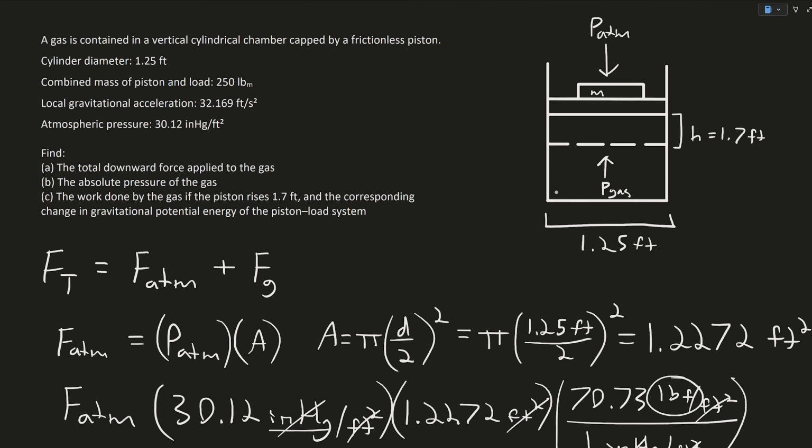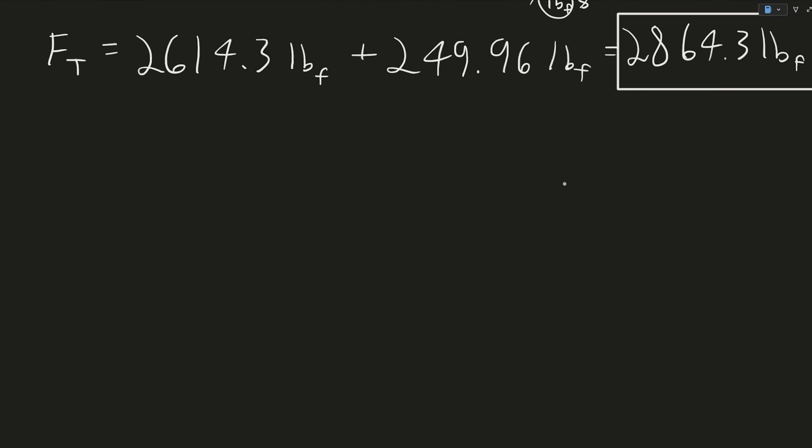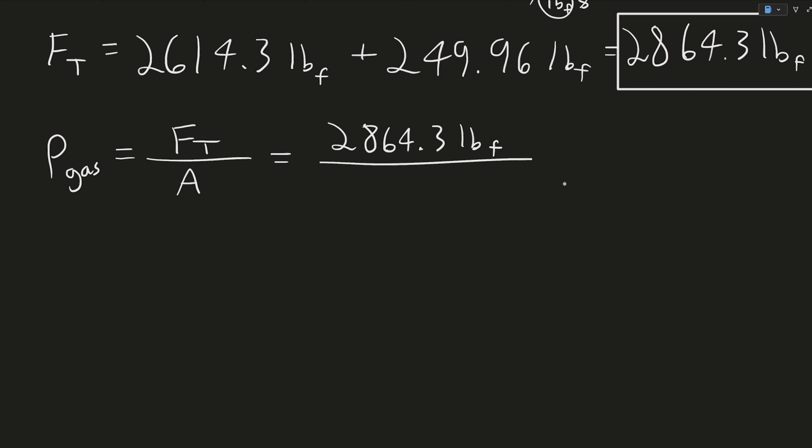Now for part B, we are to find the absolute pressure of the gas. The pressure of the gas is equal to the total force pushing on it divided by the cross-sectional area. We've already found both of these numbers, so plugging in, we get 2,864.3 pound force divided by 1.2272 feet squared.